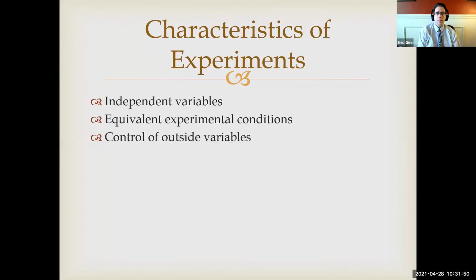It's not that it automatically does, it's just that it could be. If there is an alternative explanation, it weakens the conclusion that you're coming to. So we want to eliminate as much as possible alternative explanations for the effects that we get. All right, so that's what we do with experiments.